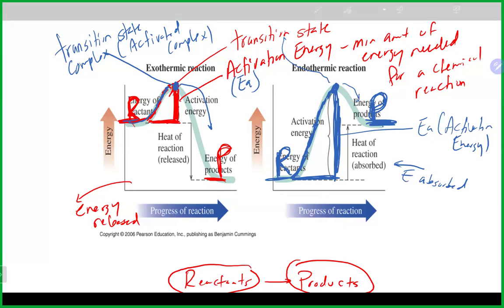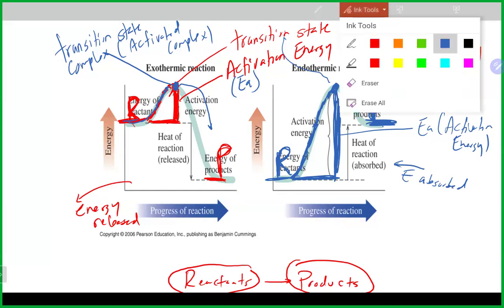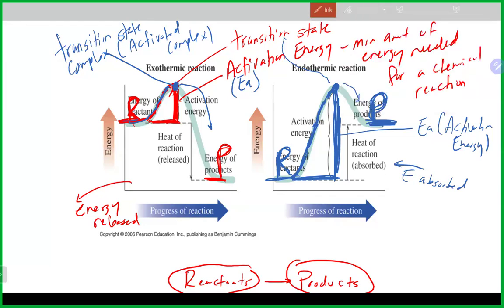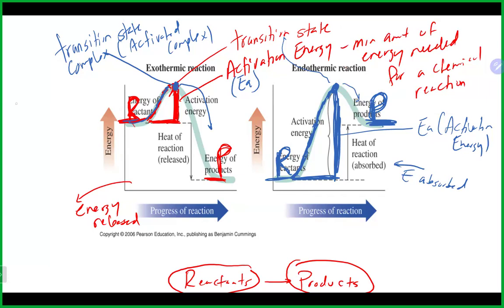As I mentioned earlier, when we talk about energy, really the change in enthalpy, that delta H of the reaction, is the value that we oftentimes look at to determine whether or not a reaction is exothermic or endothermic. It's not really the number that's all important. It's really the sign. Is it positive or negative? That's the important determining factor as to whether or not a reaction is exothermic or endothermic.